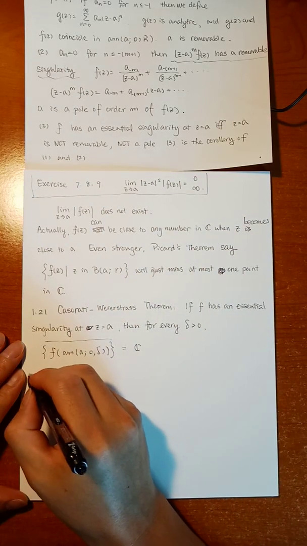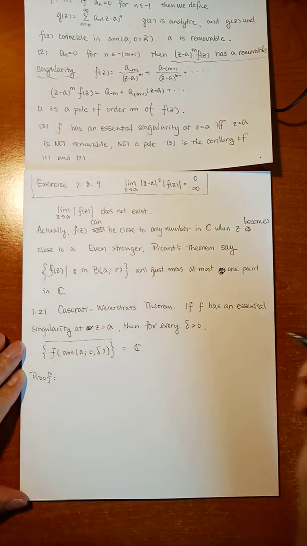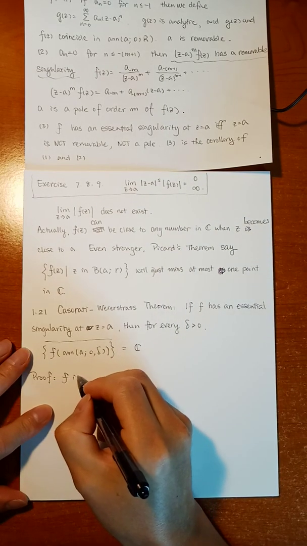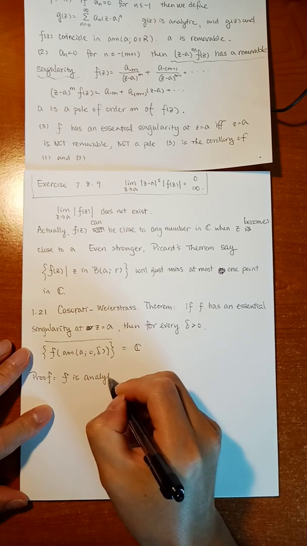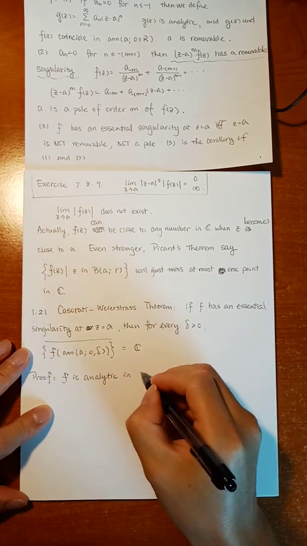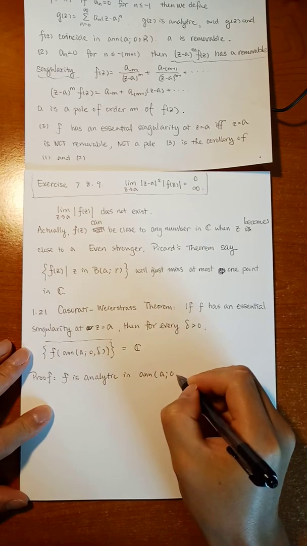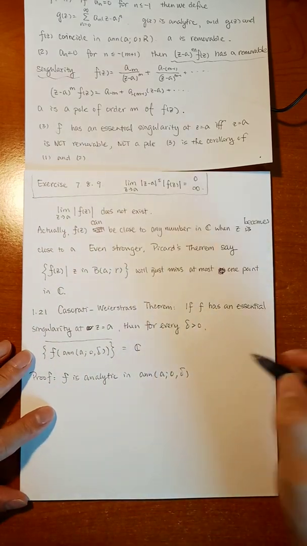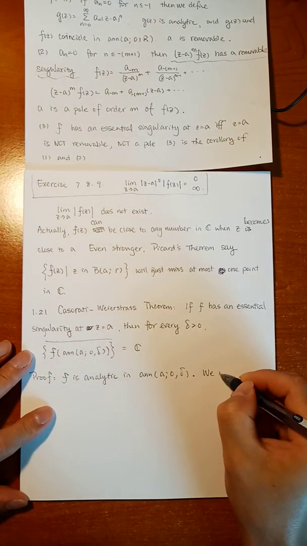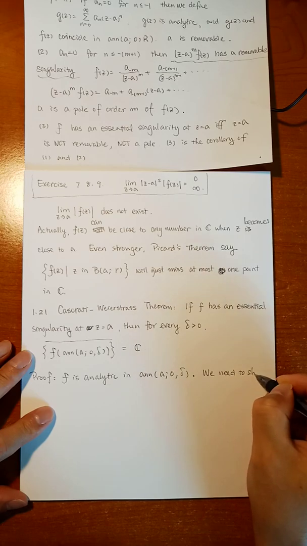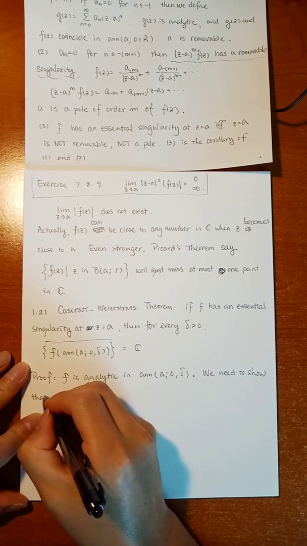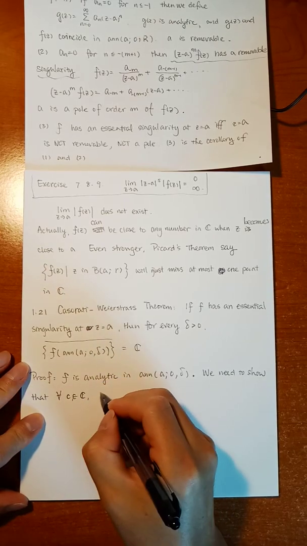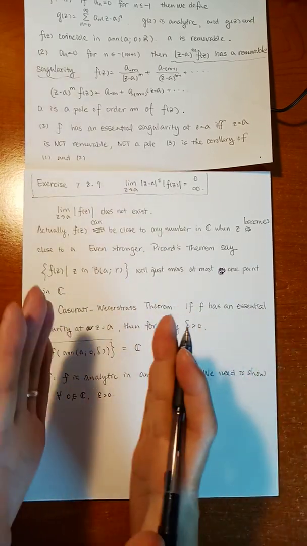Okay, so let's see the proof. Well, f is analytic in the annulus, the punctured disk. We're going to show the closure is C. It means we need to show that for any c in C, any complex number, any epsilon greater than 0, how close?